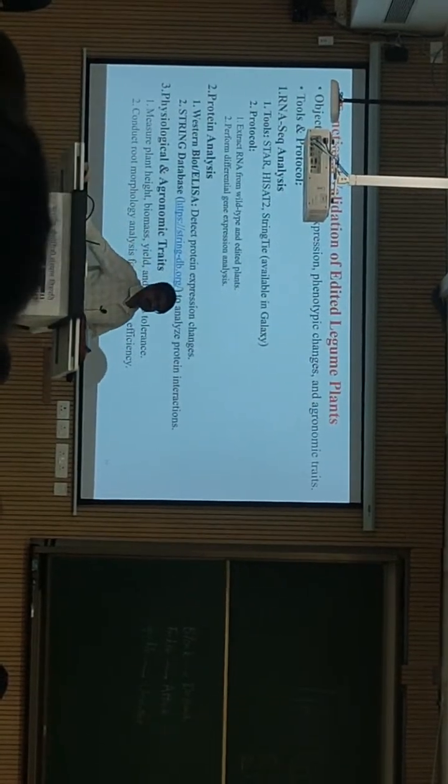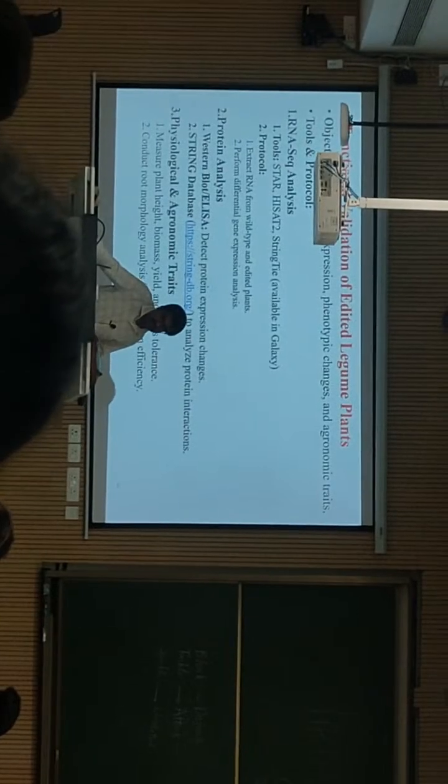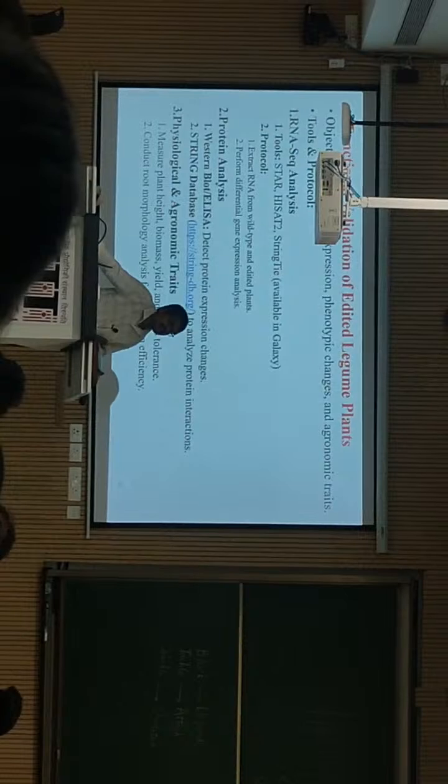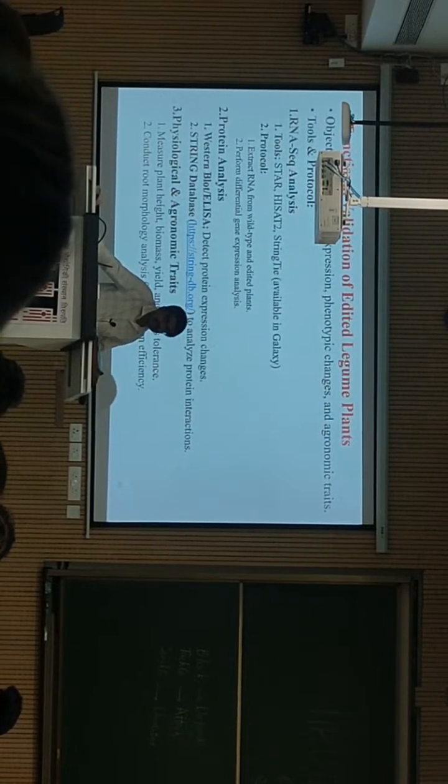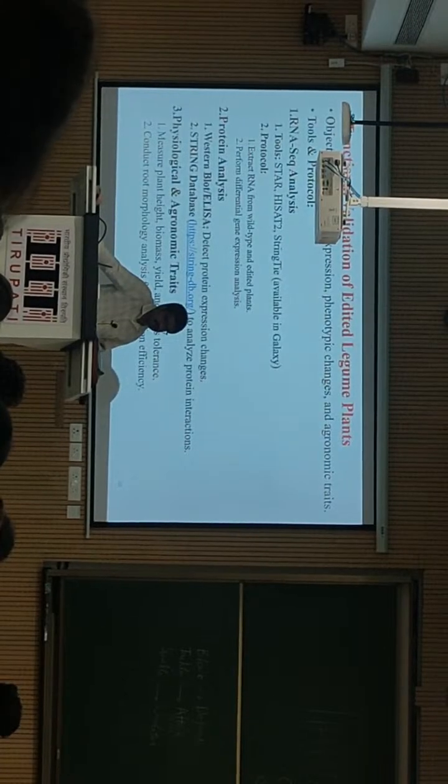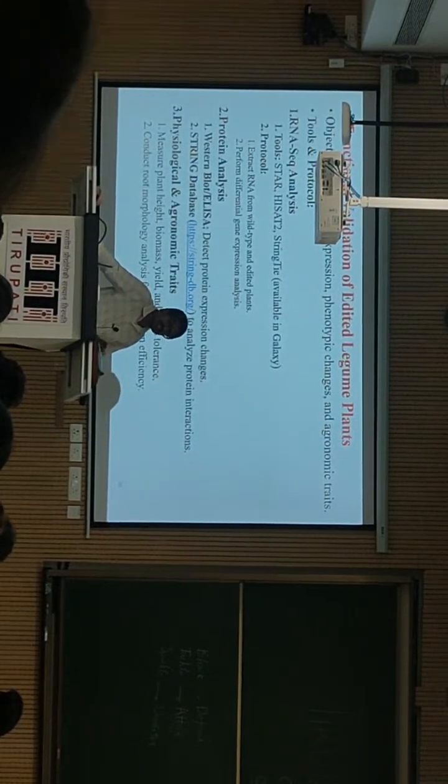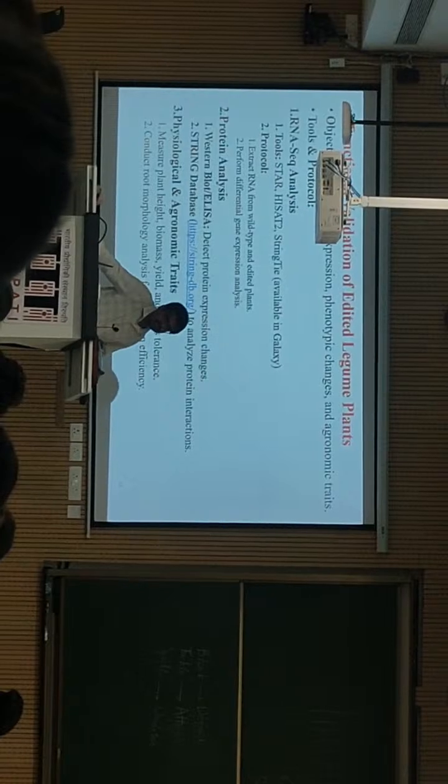Then only can we conclude that they have precisely edited the particular PIN protein. Then it should be upregulated by the auxin regulatory transport mechanism. We need to check the physiological and then biochemical parameters.